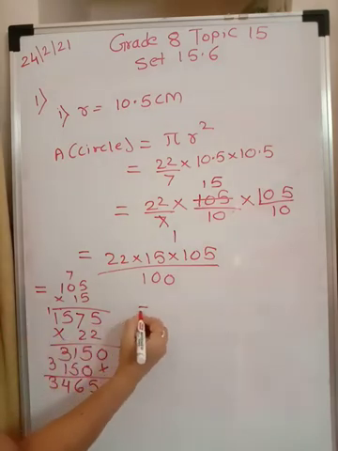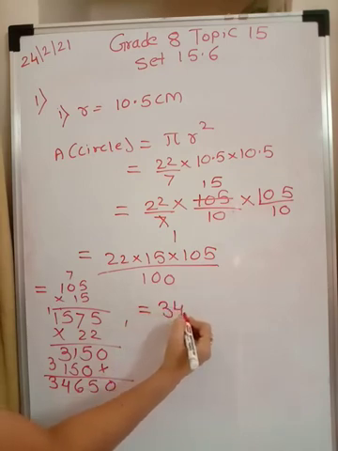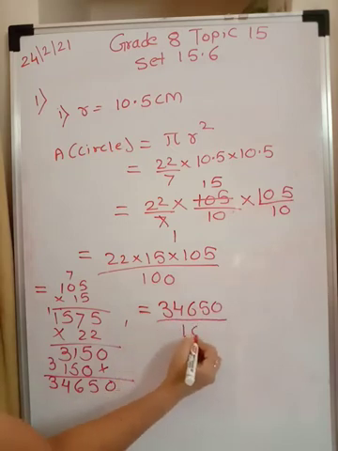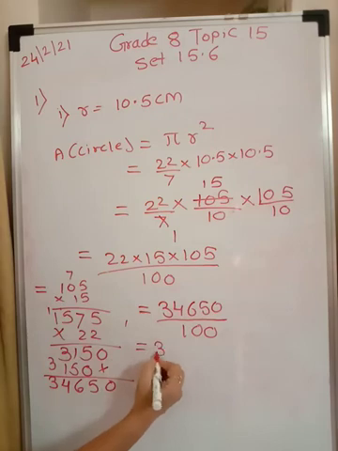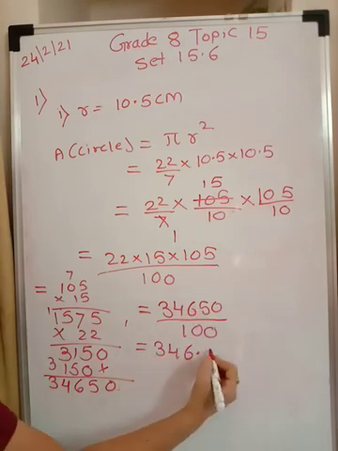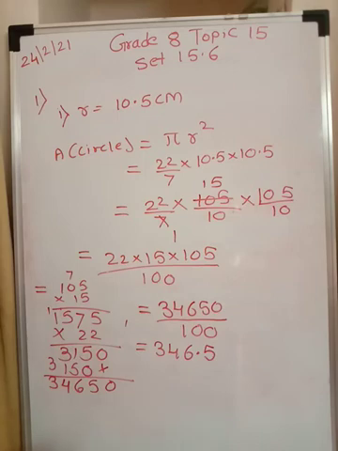Now see what I am writing. This multiplication I got 34,650, but this is divided by 100. So after two numbers, the point will come. So this is equal to 346.50. After the point, at the end, whether you write 0 or you don't write 0, it doesn't matter.